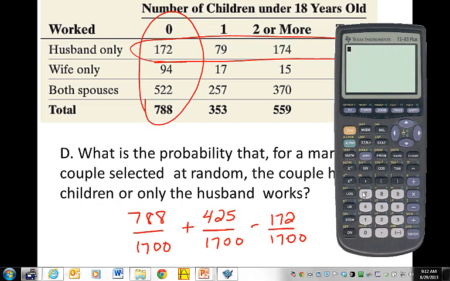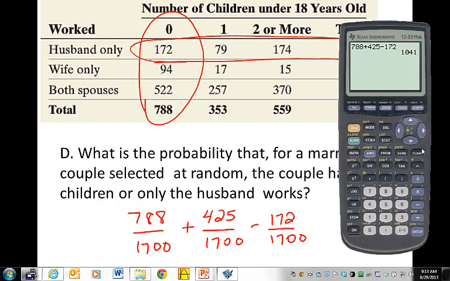So 788 plus 425 minus 172. So we have 1041 over 1,700. And we get 0.612.